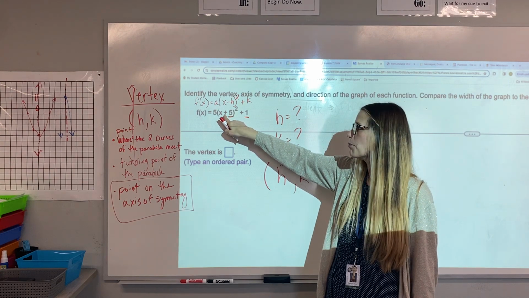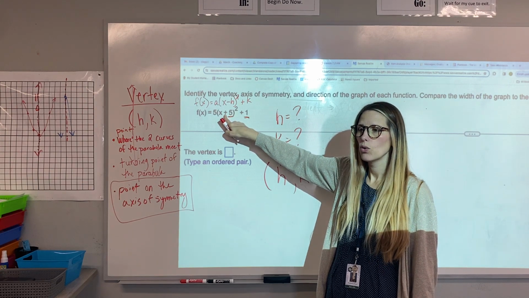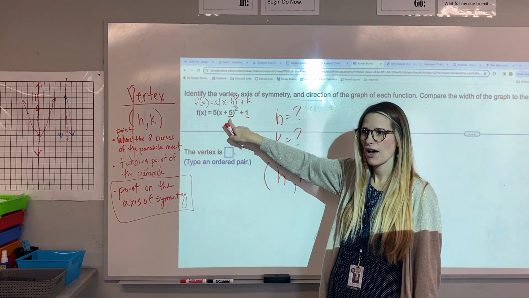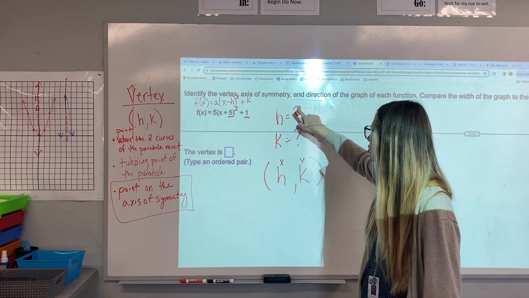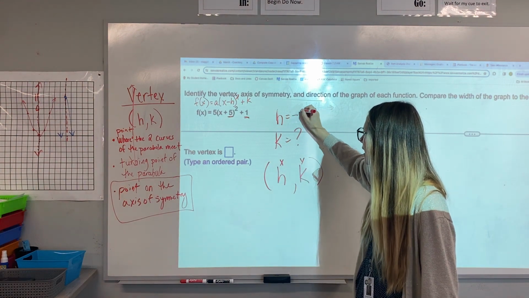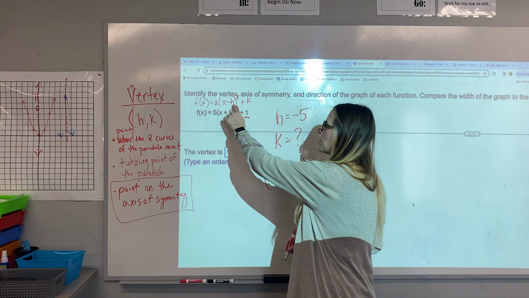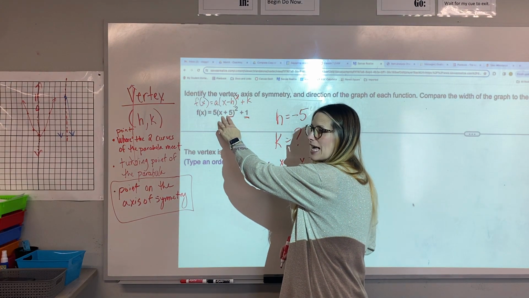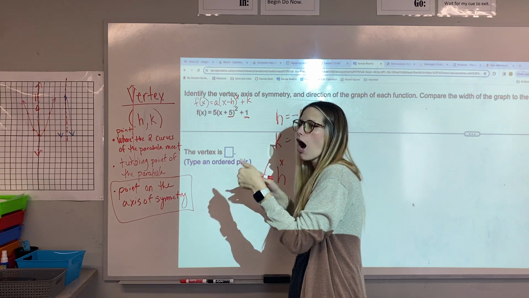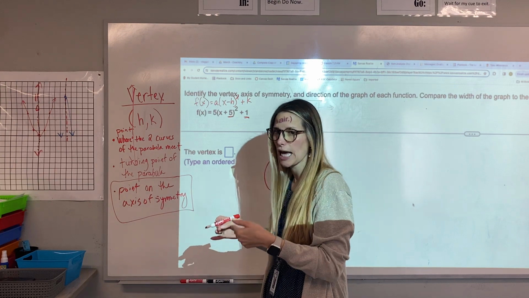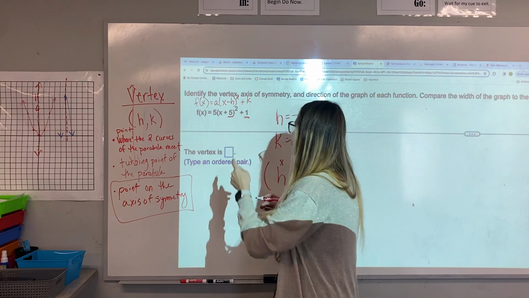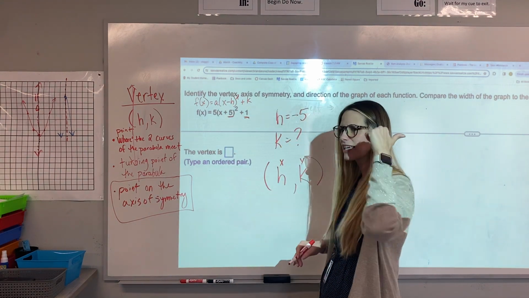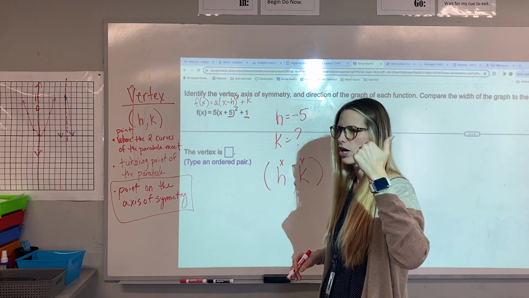If I'm getting the positive sign the heck out of there, what is my h value? -5. So h is -5.